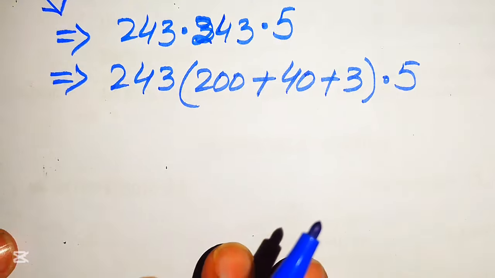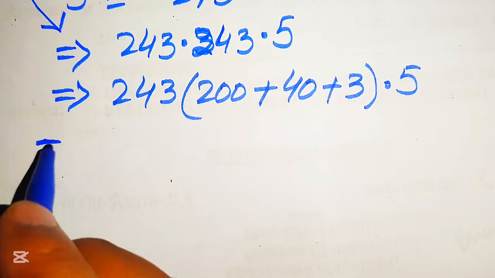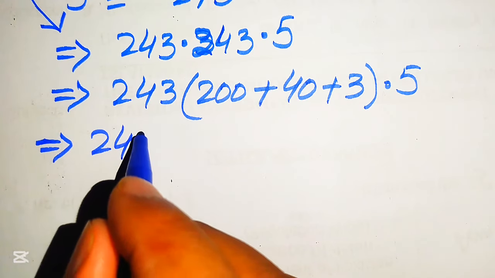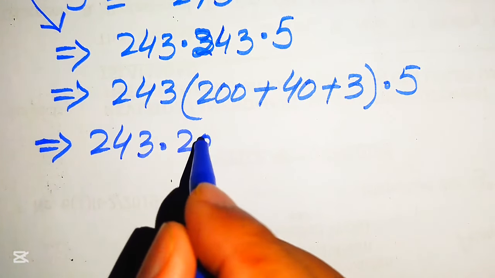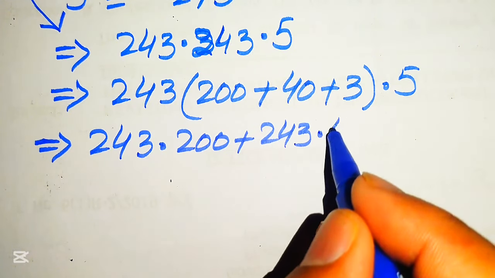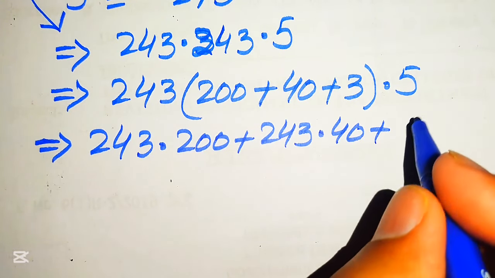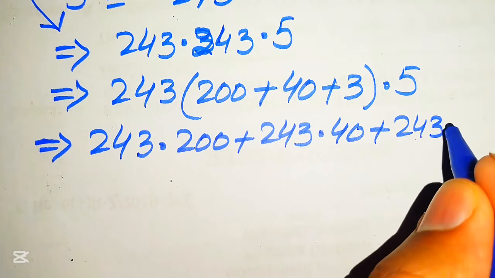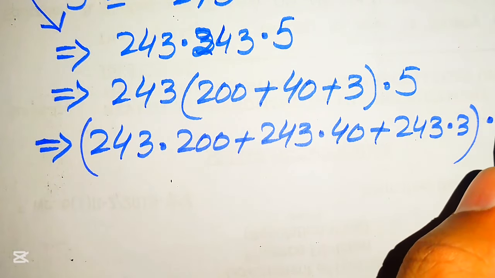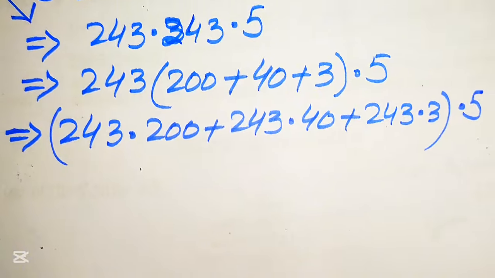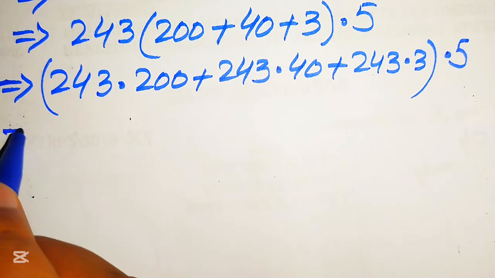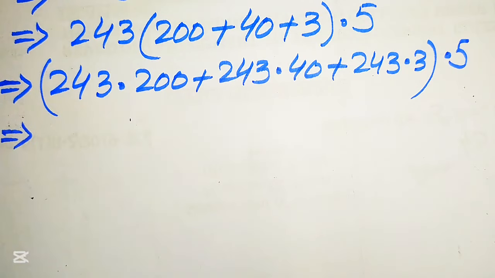We first multiply 243 with each of these values: 243 multiplied by 200 plus 243 multiplied by 40 plus 243 multiplied by 3, and at the last it will be multiplied by 5.